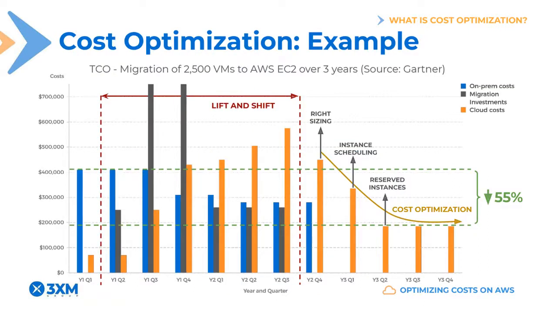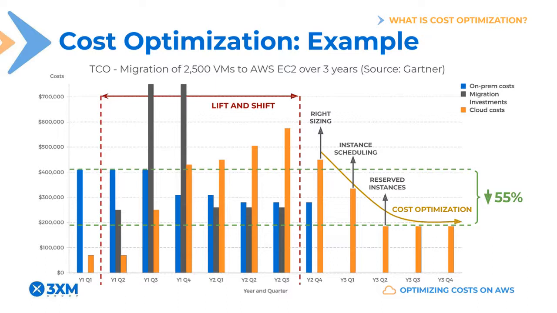Now, cost optimization, as I said, plays a key role in realizing the cloud's financial benefits. Take a look at the following example from a case study by Gartner. This is cost data from a real company which migrated 2,500 virtual machines from an on-premises data center to AWS. If you look at the chart, you'll notice that cloud costs soar throughout the migration phase to the point of becoming higher than the original on-premises cost.